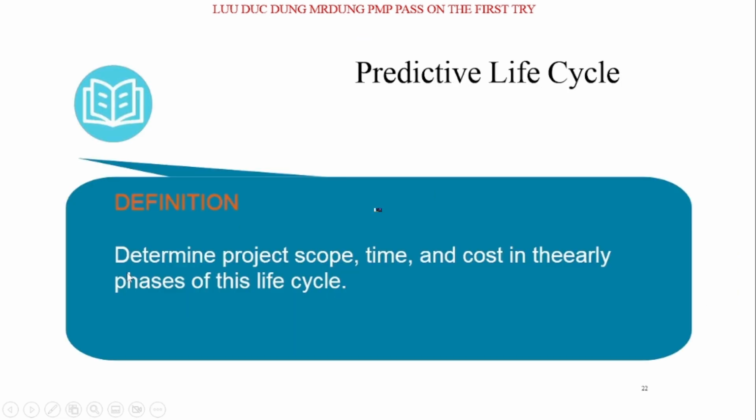Predictive life cycle. Here we can list a definition: determines project scope, time and cost in the early phase of the life cycle.